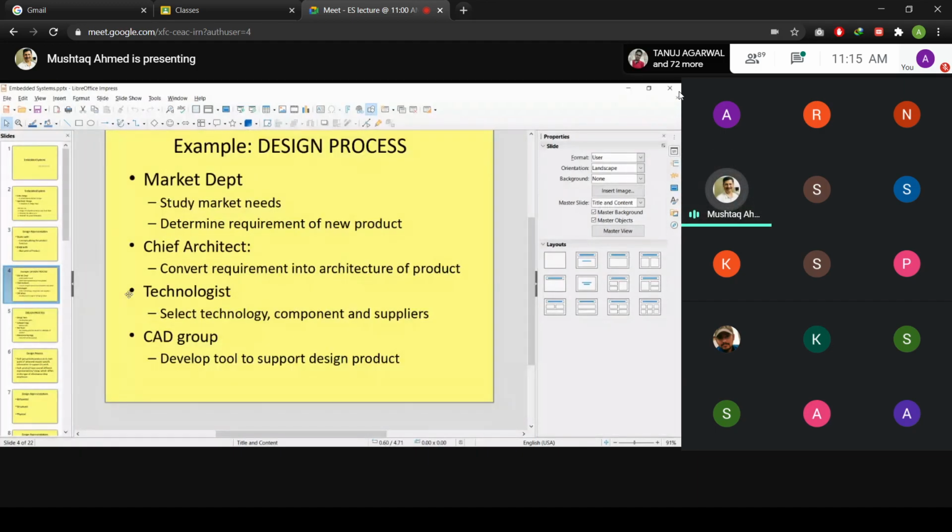So in a design process, we do require to look into that.